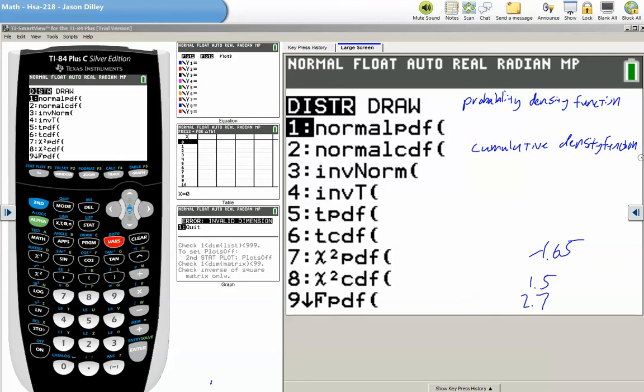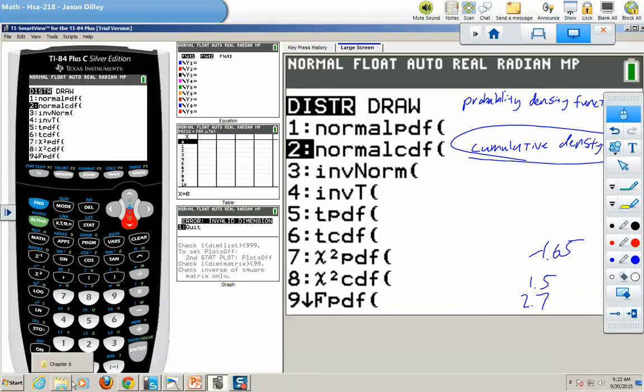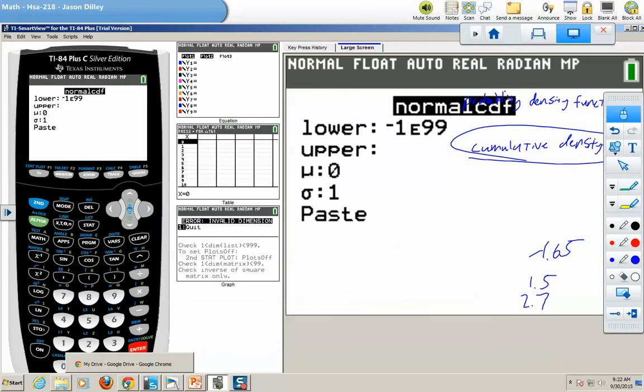Later on in the year when we're doing other distributions, this is going to make a big difference which one you want to use. For now, and when we're talking about normal models in general, we always want to use the cumulative density function. So this normal CDF is the one that we're going to use. So you're going to want to pop down to CDF and start that.